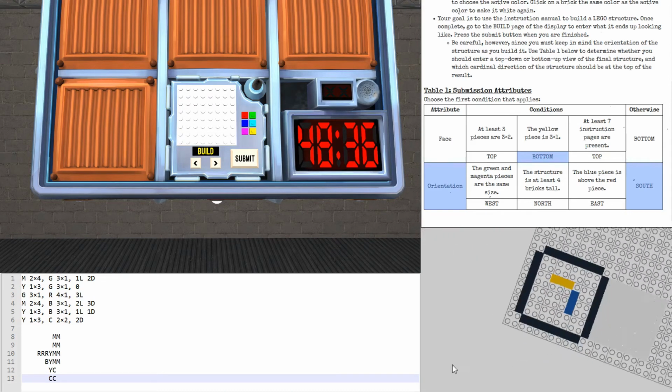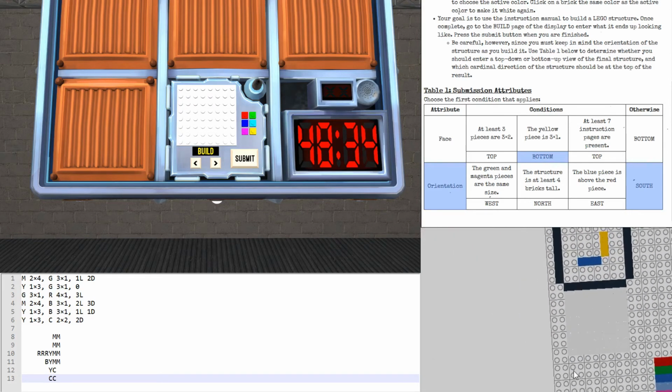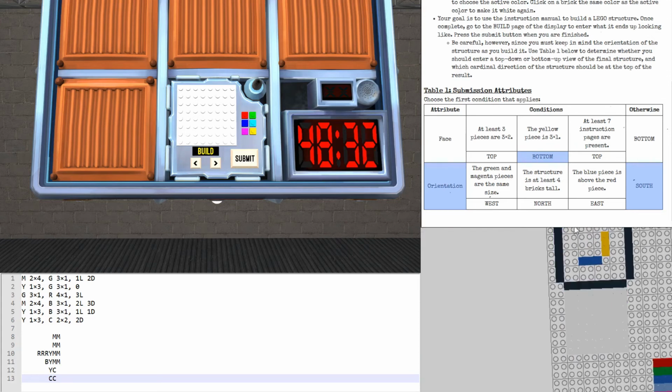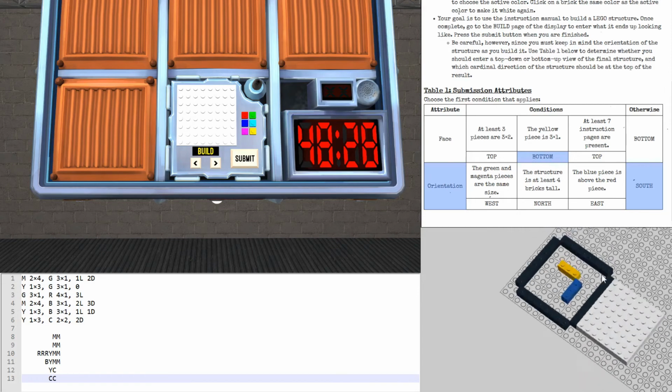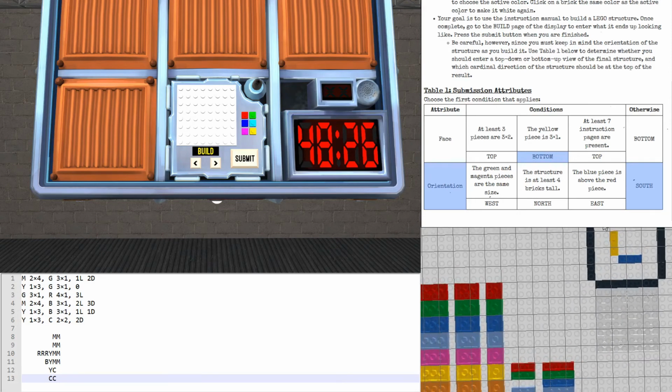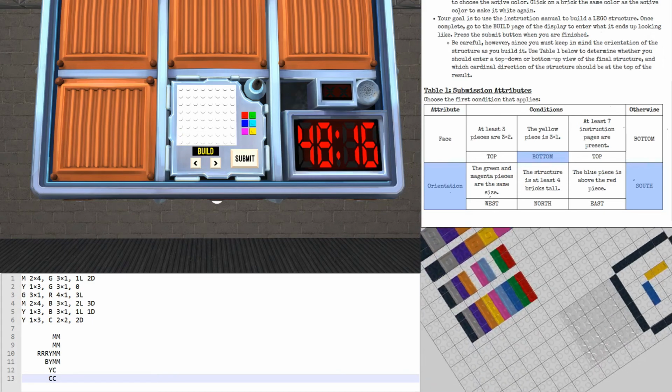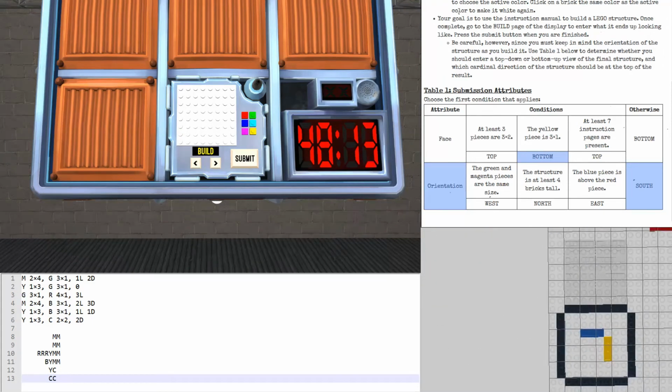If we turn this around, then north and south become flipped, and west and east also become flipped. But if we look at it from the bottom, you will now notice that the piece that is on the west side is still on the left, but the piece that was on the north side is now on the bottom. Similarly, if north is actually up, like this, so now north and south are the same, but west and east are swapped.